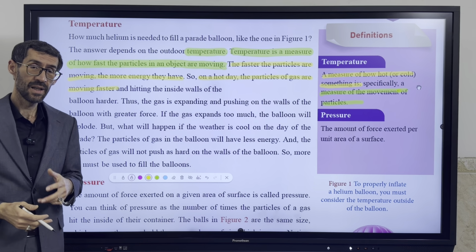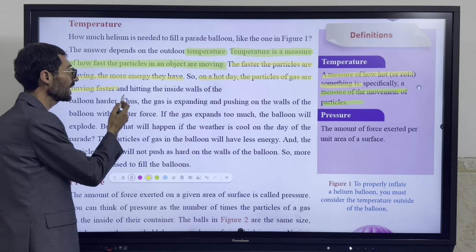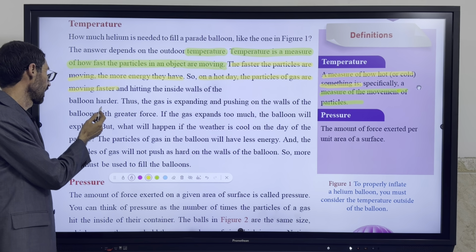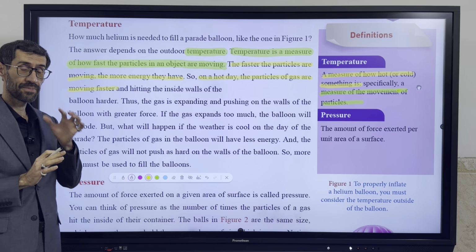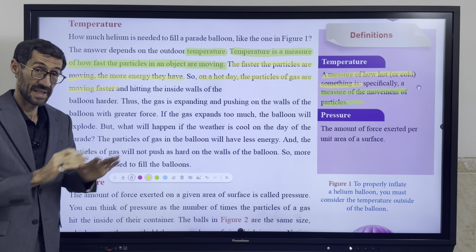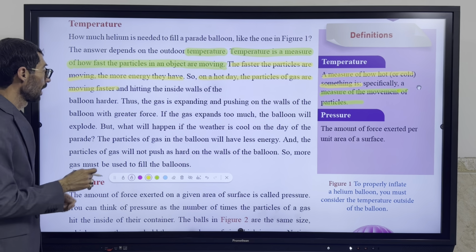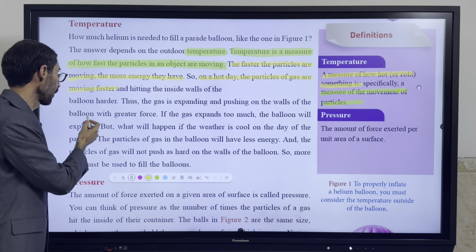Movement and energy are actually the same. They push on the inside wall of the container with greater force. Thus, the gas is expanding and pushing on the walls of the balloon with greater force.